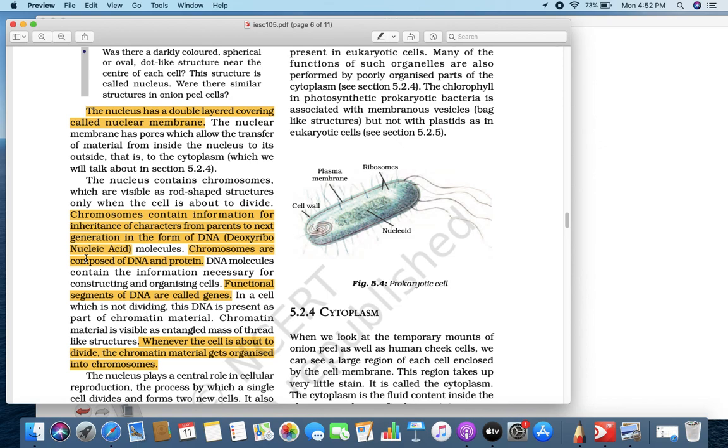Now, this is really important. You must be having characteristics of your parents, your mother and father, both. Some might be visible, some might not be visible. That doesn't mean the characteristic is not there. It is there.